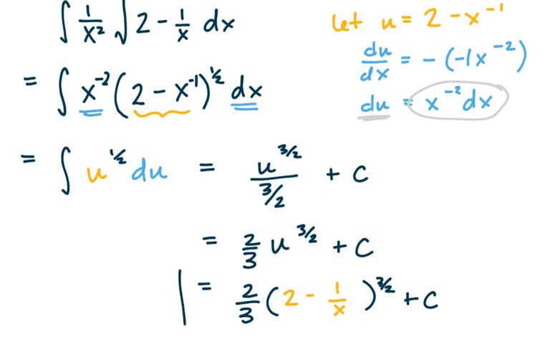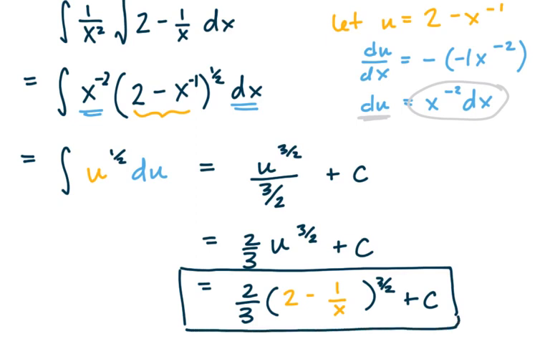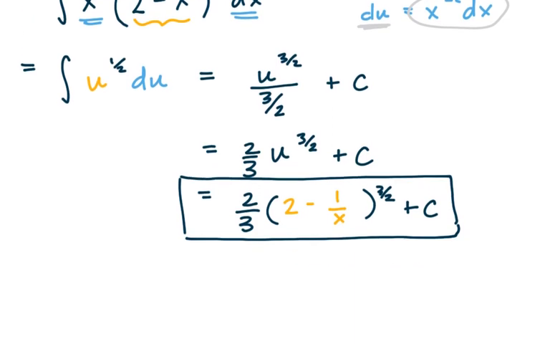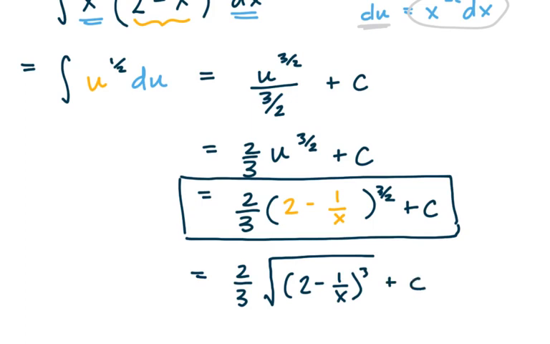So this is my final answer. I just changed it back to 1 over x to make it look similar to the original problem. Also I could take that square root, and this would also be a similar answer: 2/3 times the square root of 2 minus 1 over x cubed, plus c.